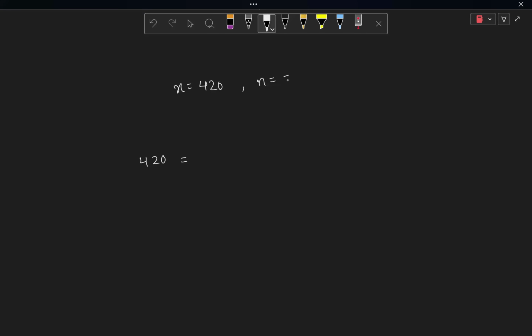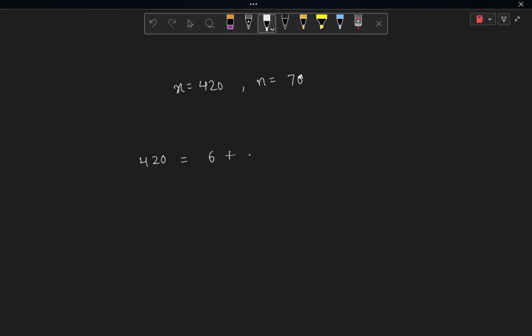Just assume that it was 70. I didn't really have much of an idea of what to do when x was 420 and n was 69. But when I thought of making n equal to 70, it became easier because now I know that 70 divides 420.